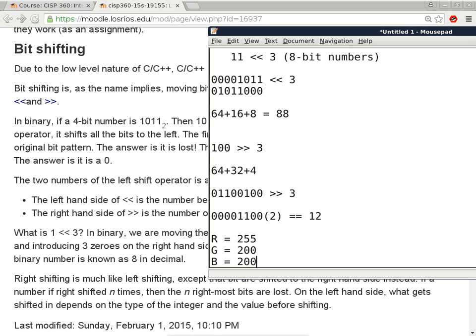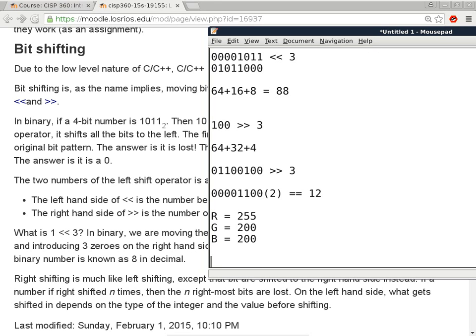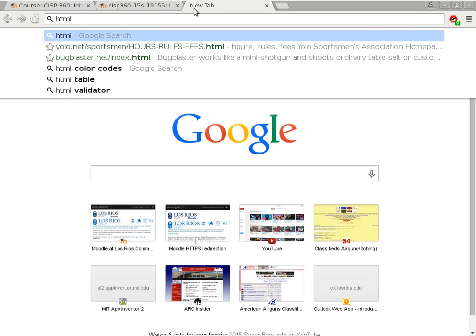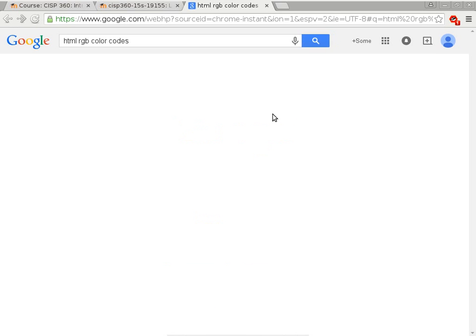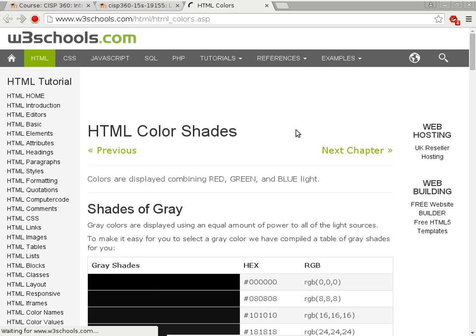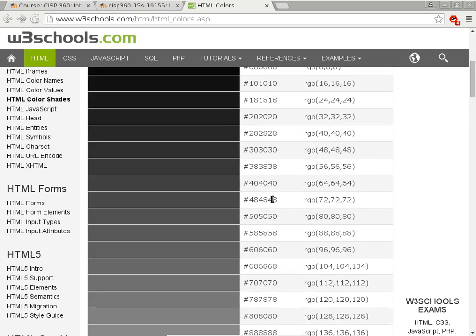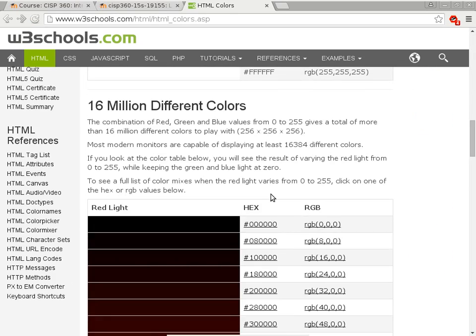So now that we know what the RGB components are, how do we come up with the 32-bit number that you have to specify in HTML to specify the pink color? When you specify RGB in HTML, you can look it up. You can just look up HTML RGB code, and you can kind of tell the way it works.